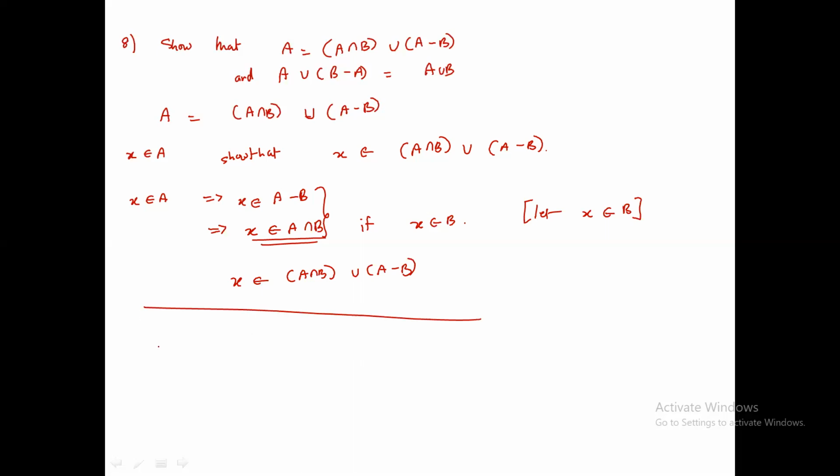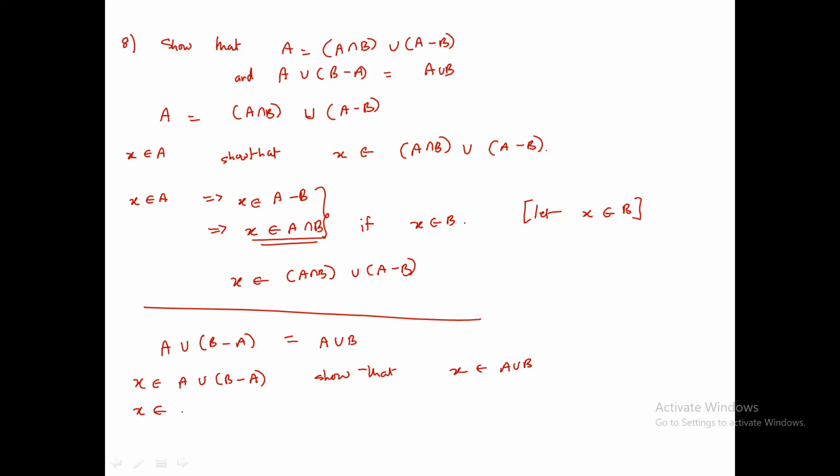Coming to the second one, we have to show that (A union B) minus A is equal to A union B. So if we take X belongs to (A union B) minus A, we have to show that X belongs to A union B also.